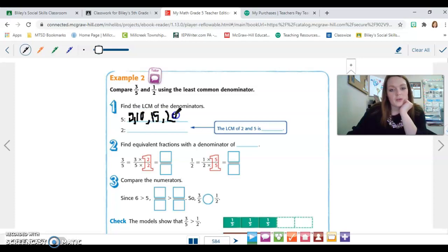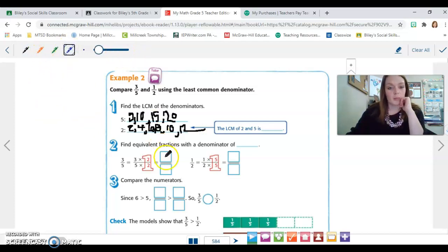I'm going to count by 2s: 2, 4, 6, 8, 10, 12. I'm going to stop and see if any of them are similar. I have a 5 and a 2. I have a 10 and a 10. This is going to be my least common multiple. So my LCM for 2 and 5 is 10.